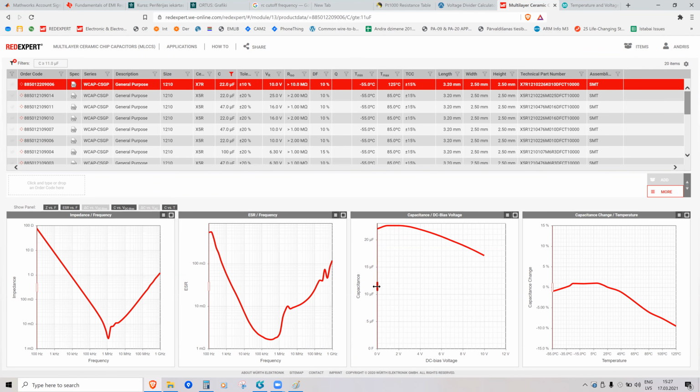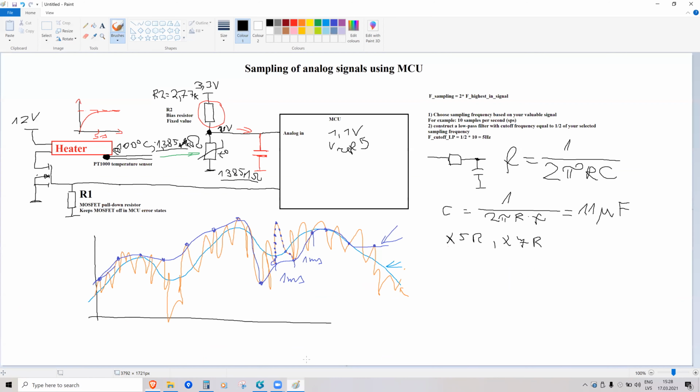So good manufacturers put these graphs. What we do is, for example, in this case, I take this capacitance versus DC bias voltage and I set it to the level which will be the working voltage of the capacitor. So if the capacitor is connected right here, then the voltage on the capacitor will be 1.1 volt, or if the temperature gets lower, the resistance will get lower and the voltage will be less.